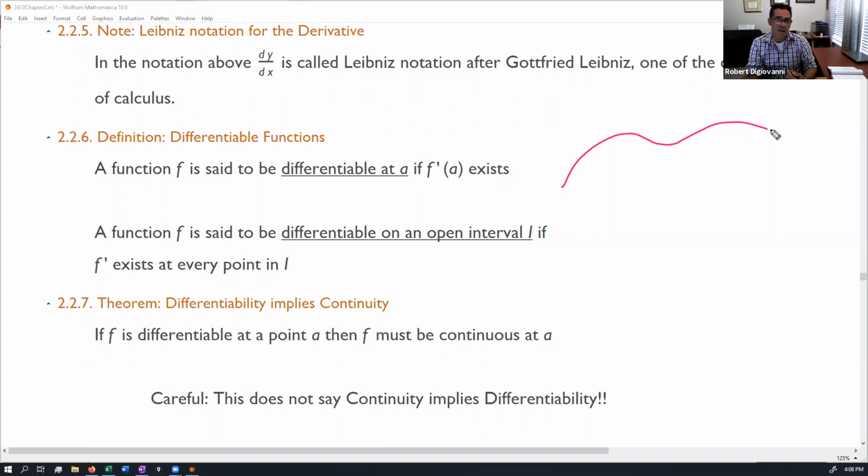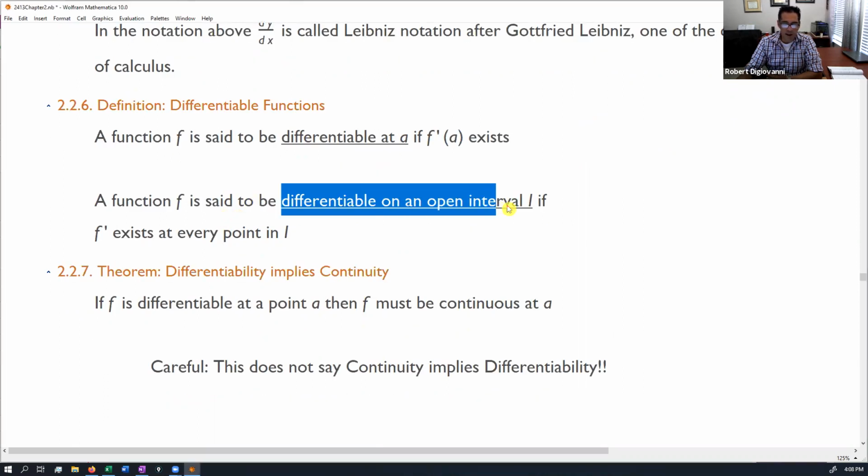Differentiable at a point means that when you go to that point, the derivative exists, that limit exists. If you're differentiable on an entire interval, that means you're differentiable at every point in the interval.